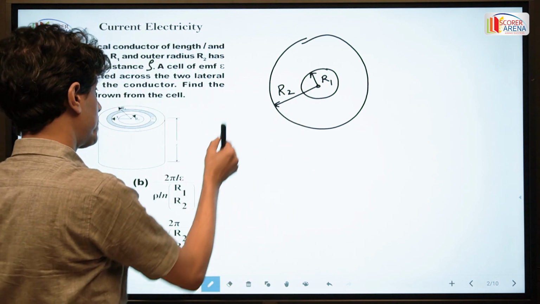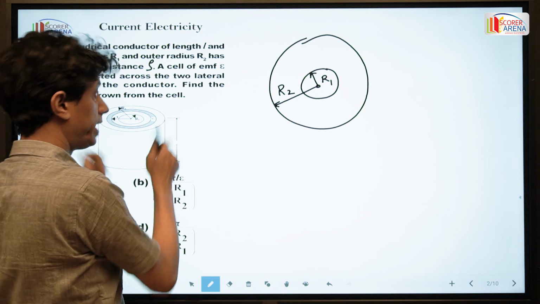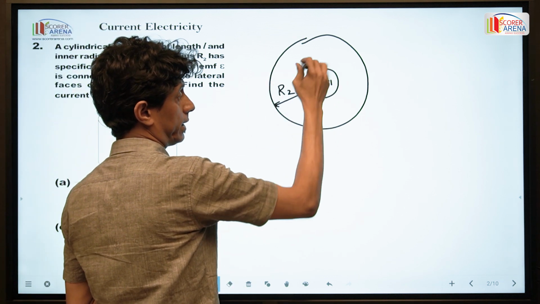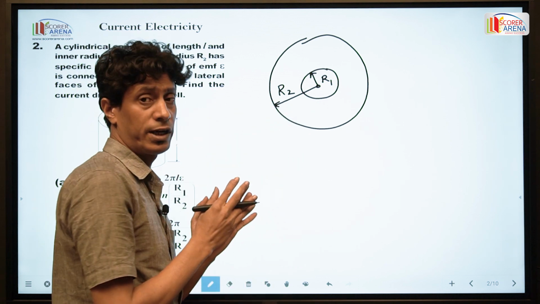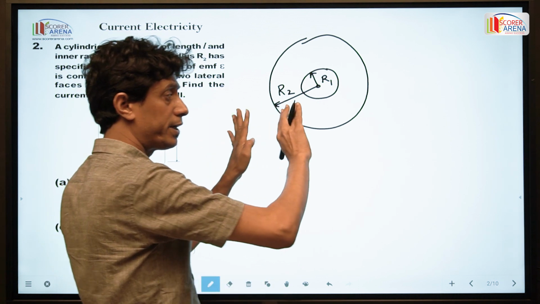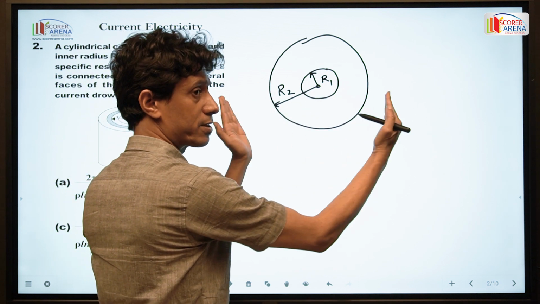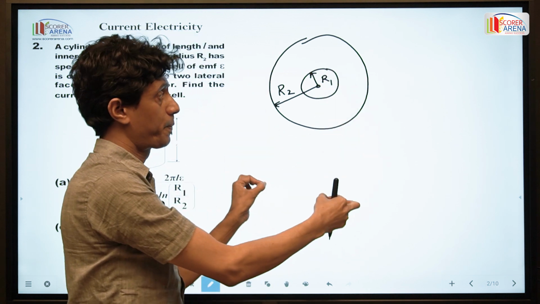Since the cell is connected across the lateral surface of the cylinder, here the resistance R is equal to rho L by cross sectional area, but here the cross sectional area goes on increasing with the rise of the radius, as the cylinder is hollow.